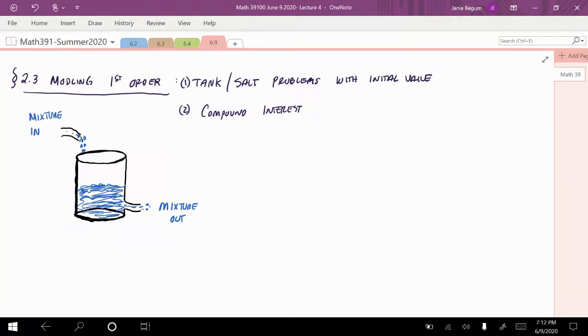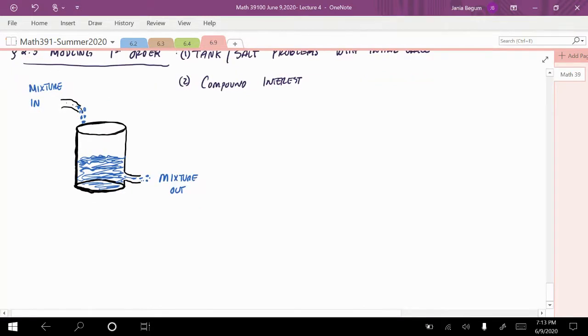What do we want to measure? Well, we want to measure the amount of salt in the tank. That's what we want to do. Okay, so that's the goal. So let me write down the goal for us.